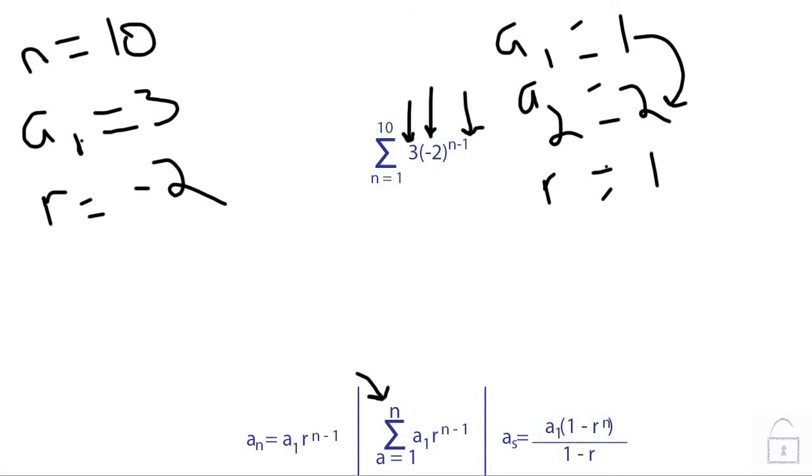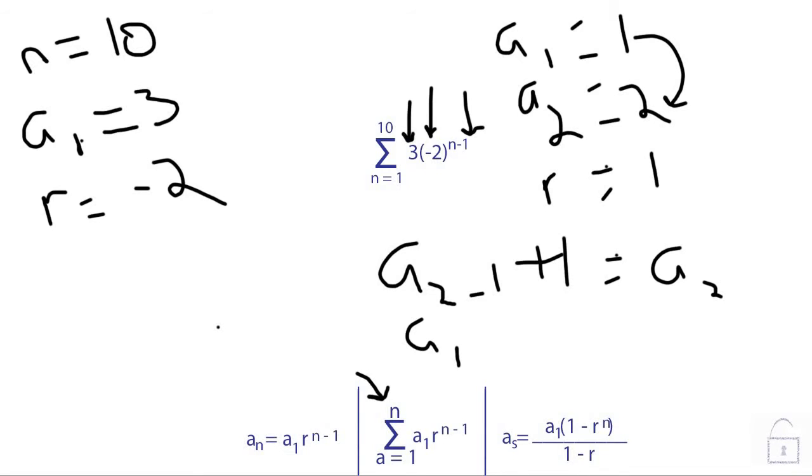To get from a1 to a2, a1 plus 1 is equal to a2. That's just a super simplified version.